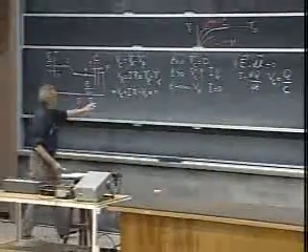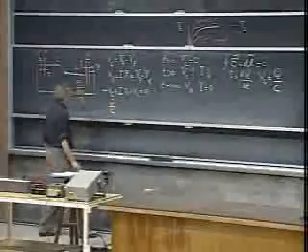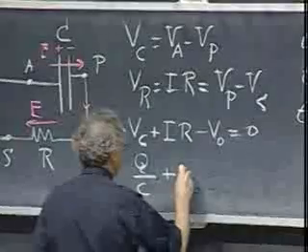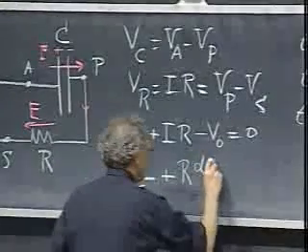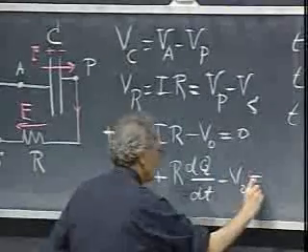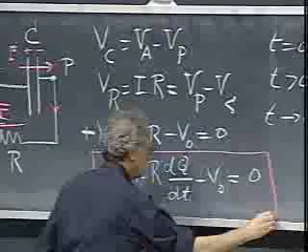And so for V of C, I can write down Q divided by C, and for I, I can write down dq/dt. So I get R times dq/dt minus V0 equals 0.